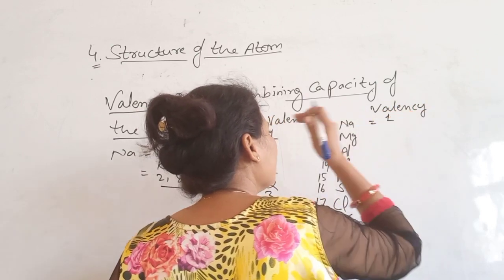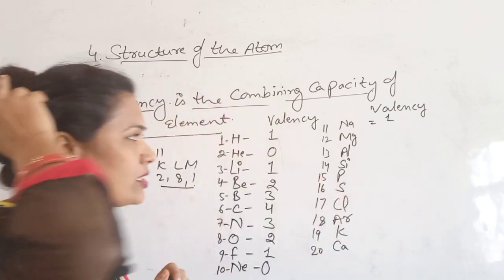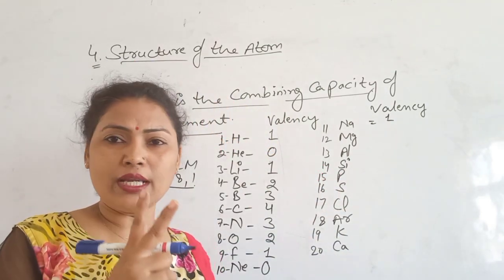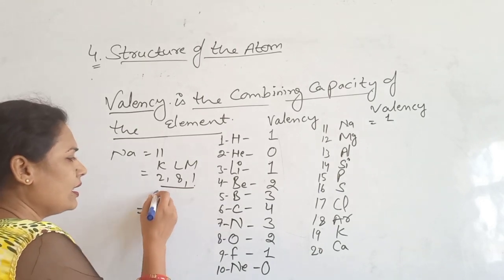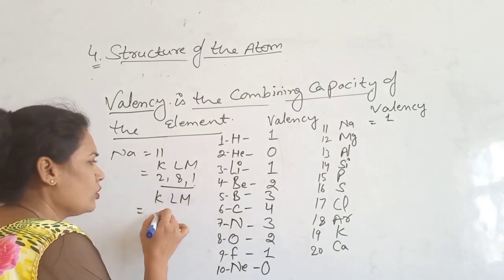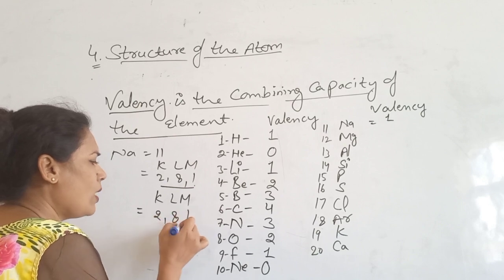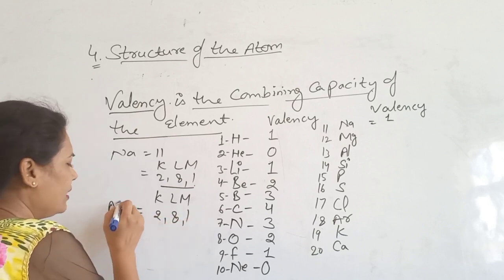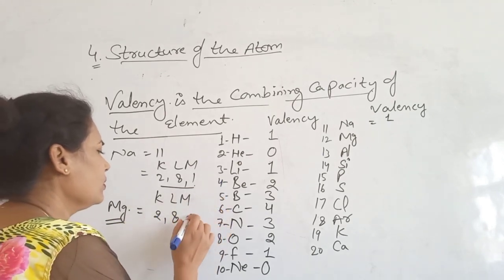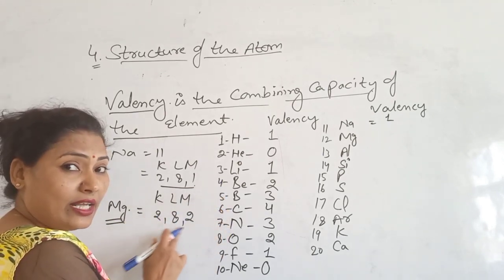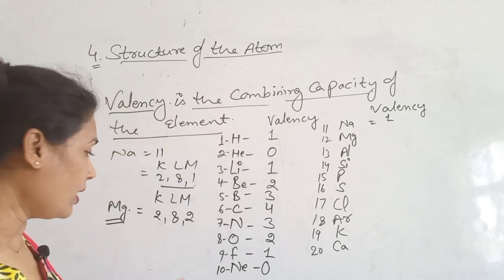So you can write that the valency of sodium is 1. Okay. After that magnesium. Magnesium has 12 electrons. So in the outermost shell the number of electrons is 2. We will write the electronic configuration of magnesium like 2, 8, 2. 2 plus 8 is 10, 10 plus 2 is 12.